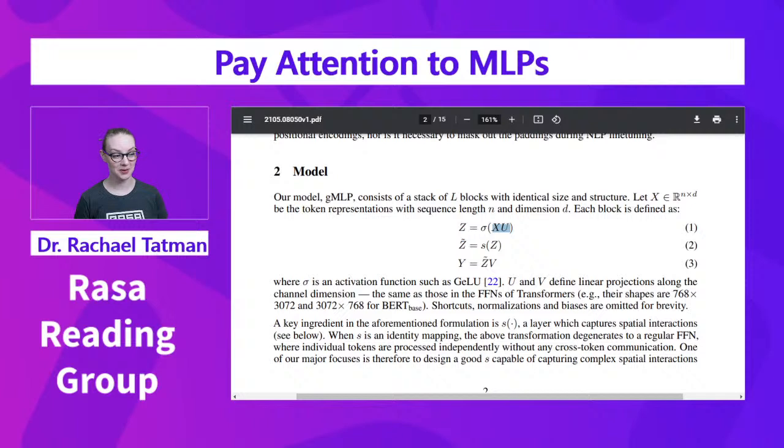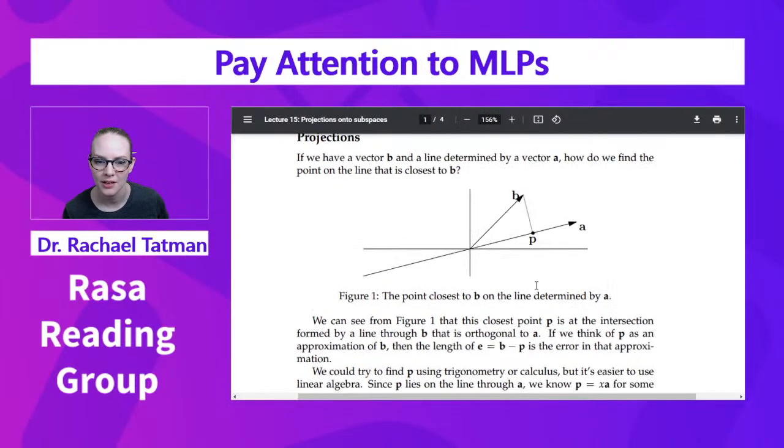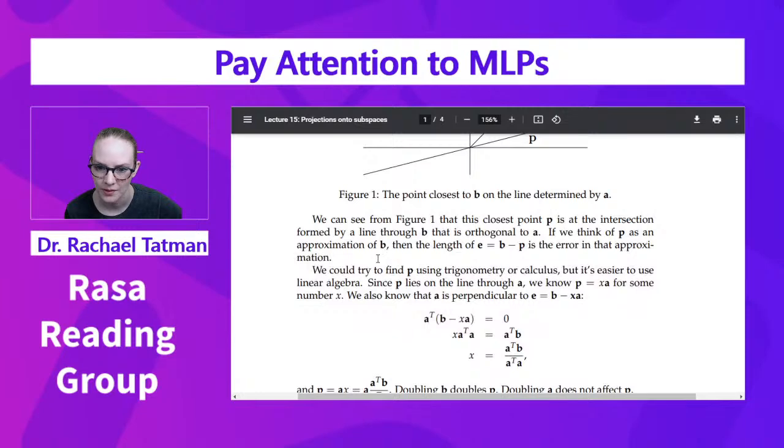Linear projection. I'm just gonna look that up. Channel dimension. Projections into subspaces. All right. So this is just from an MIT math course. We have vector B and a line determined by vector A. How do we find the point on the line that is closest to B?